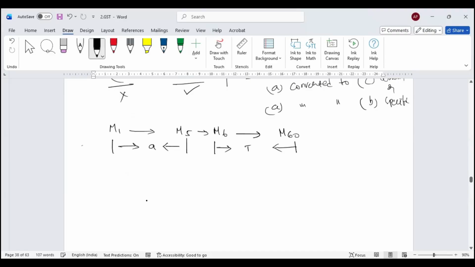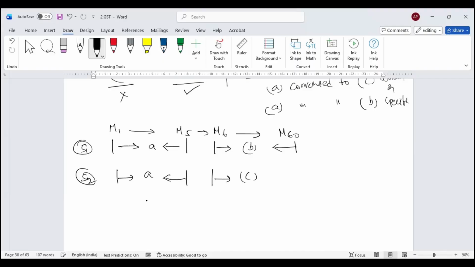Scenario number 2, I have used this asset for these 5 months only for category A. Month 6 onwards, instead of taxable, I'll say category B, which is exempted.